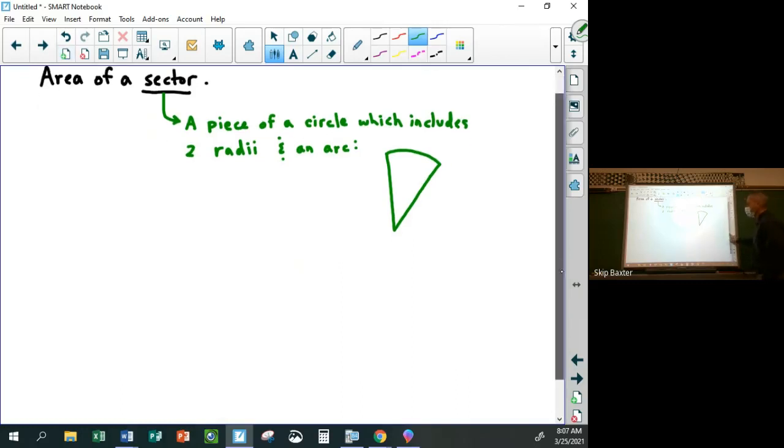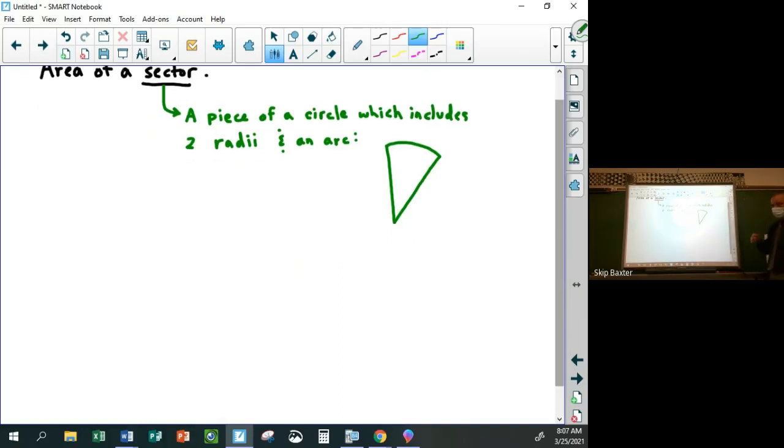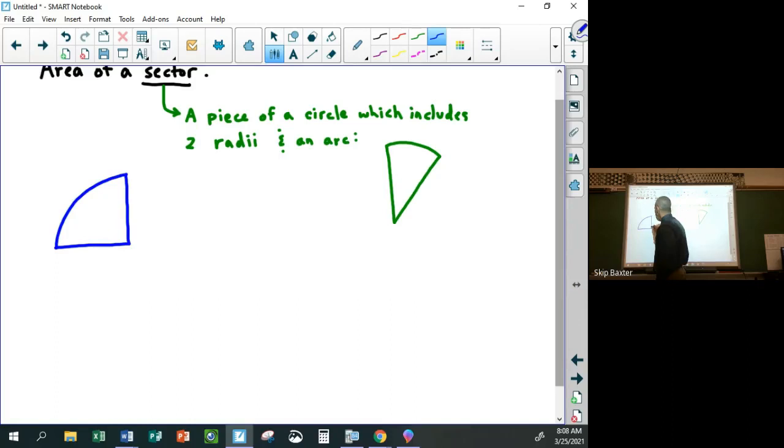So if you think about how you might calculate the area of a sector, you could probably figure it out with a little bit of thought. Like suppose I have a sector that's 90 degrees. Okay, so let's say it's a 90-degree sector. And let's suppose that the radius of the circle that this sector came from is like 6 inches.